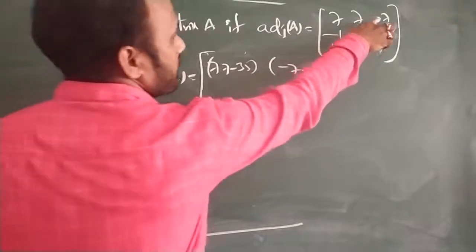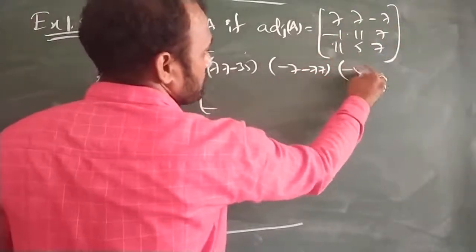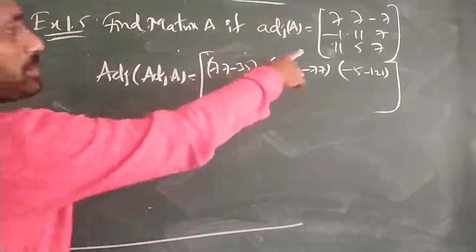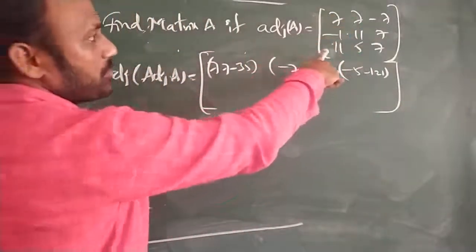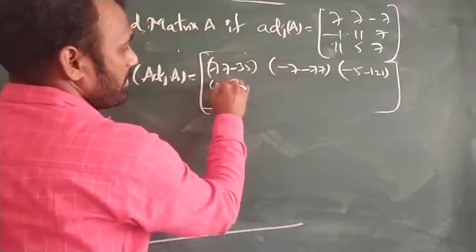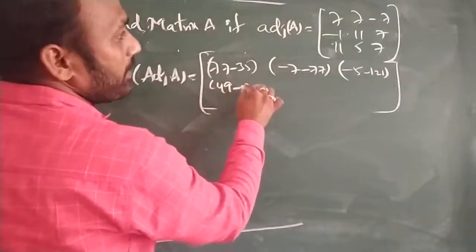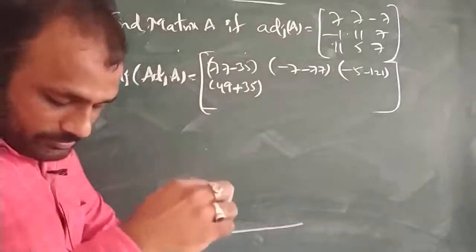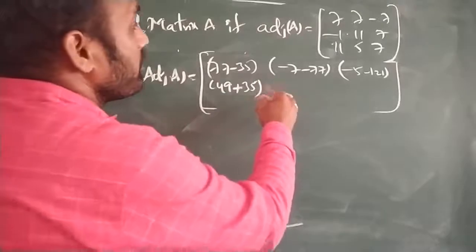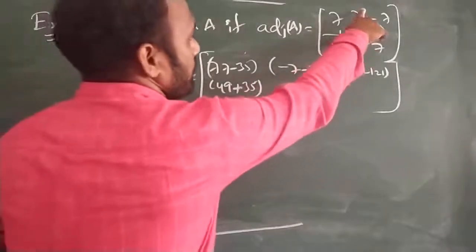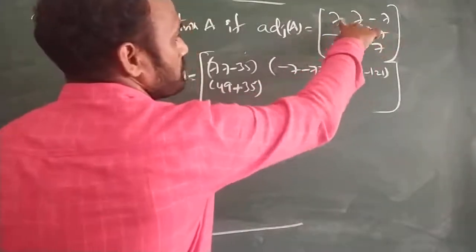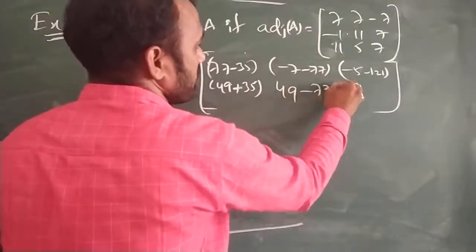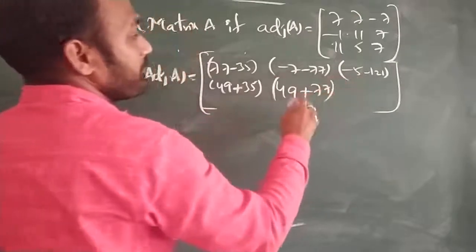For the third one, it will be minus 5 minus 121. Next, to get this number, it will be 49 plus 35. And to get this number, we delete this column and this row, so it will be 7 times 7 is 49 minus 11 times 7 is 77, so it will be plus 77.